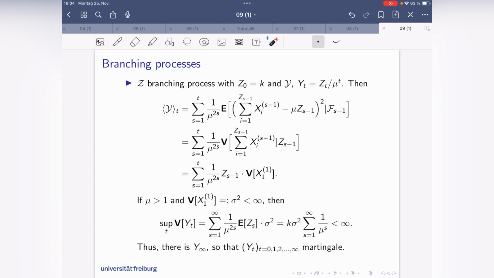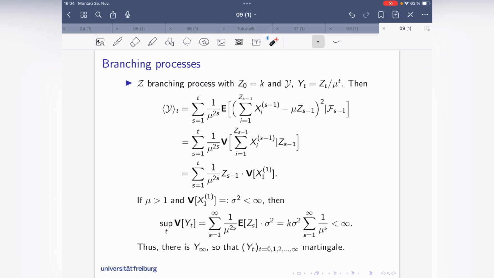And the answer is if mu is bigger than 1, because then I can do something here. If mu is bigger than 1, then we will show that the variance is finite. And that means the martingale is L2 bounded. And, well, we can use the result. So convergence of yt to some y infinity not only is almost sure, but it's even in L2.